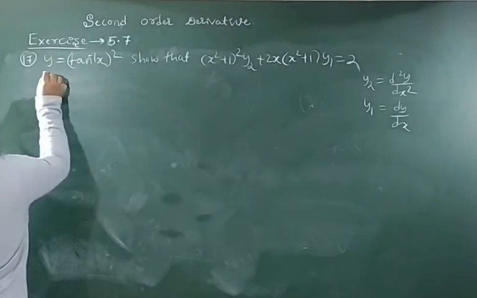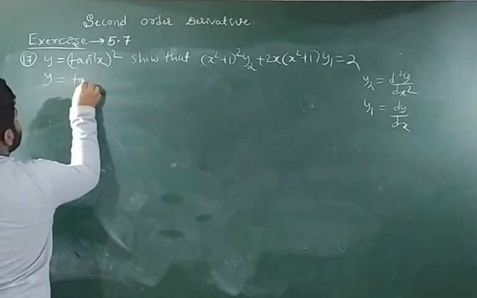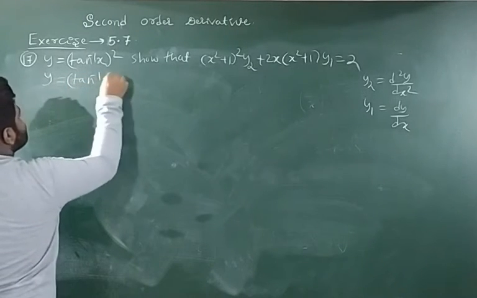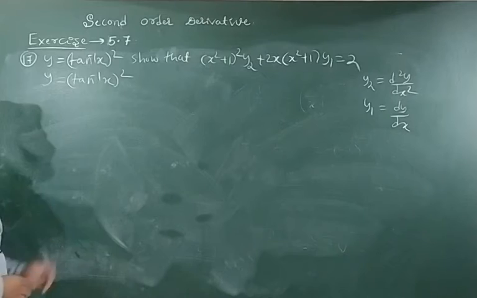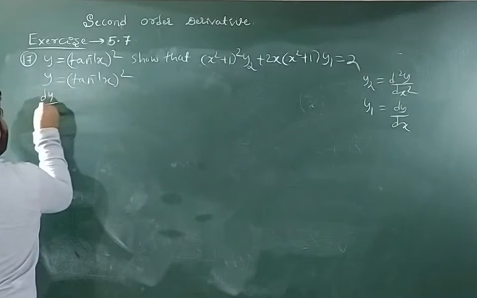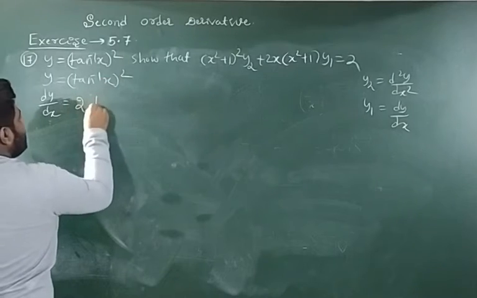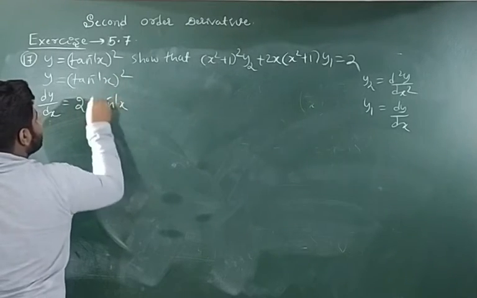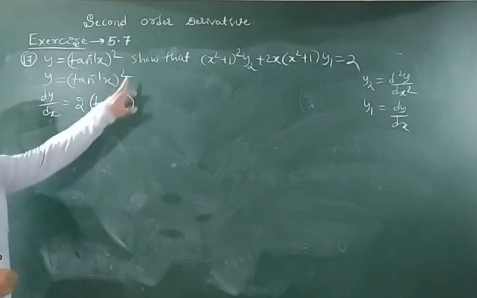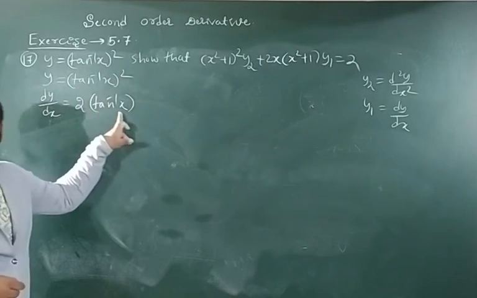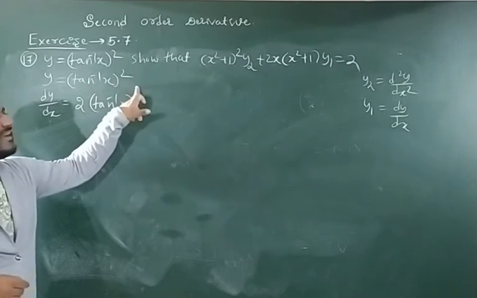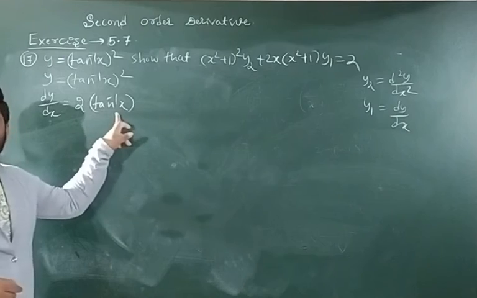So find that. Given y equal to (tan inverse x) raised to square, find dy by dx. Using the x raised to n formula, n into x raised to n minus 1, so 2 into tan inverse x raised to 2 minus 1, which is 1.